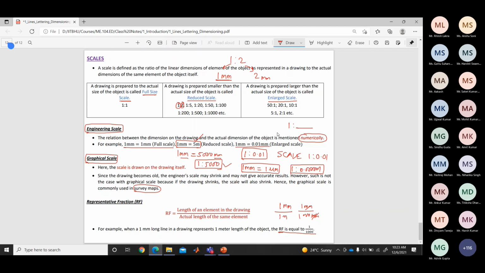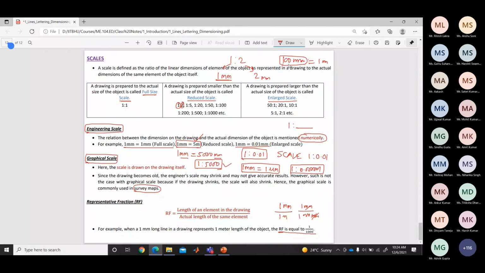Because then we can easily measure. We put the scale on the drawing paper, we count whether it is 10 mm, 5 mm, 7 mm, 20 mm, then we directly convert it. If we use, like you said, 100 mm on the drawing equivalent to 1 mm in actual size, then again we need to convert it, because this 100 mm is on the drawing.